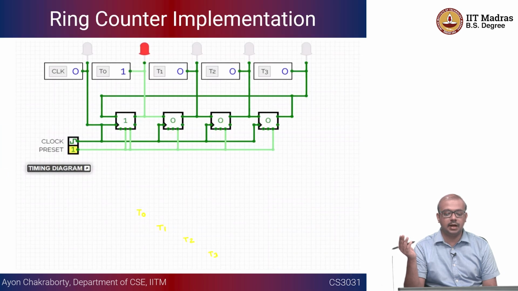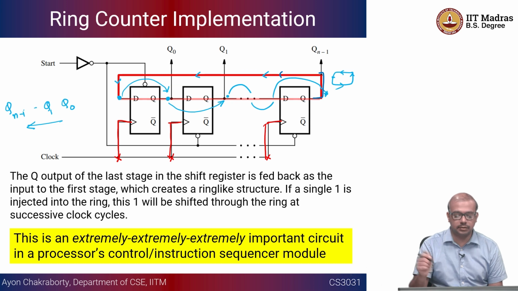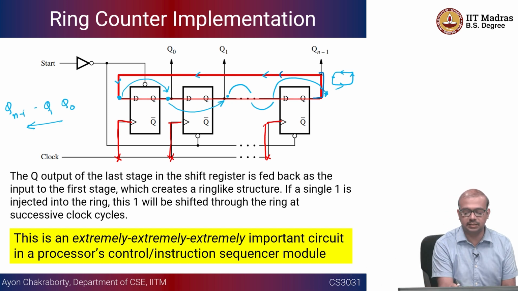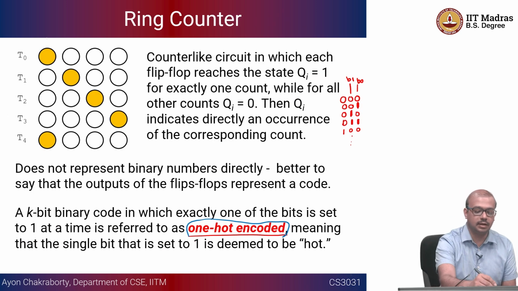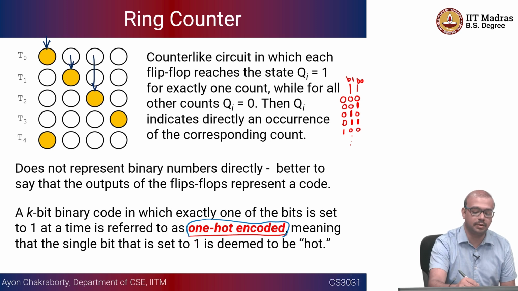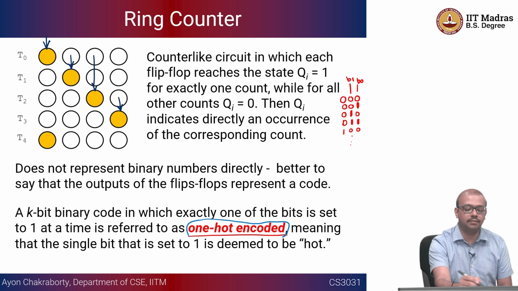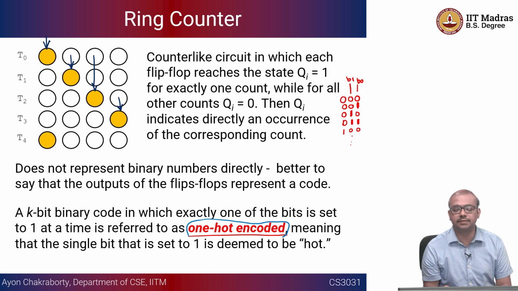So in a ring counter, the last stage in the shift register, the ring counter simply forwards this value to the right hand side. Next clock pulse, it is going to forward this value here. Next clock pulse, it is going to be here. Whatever the content is, it is going to be shifted to the right hand side.